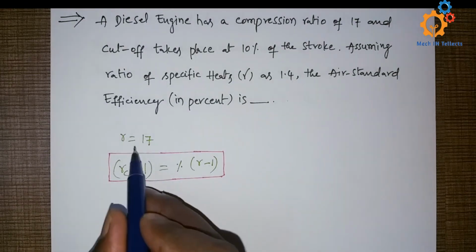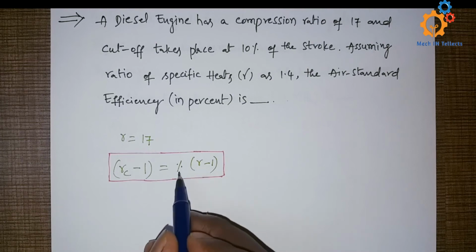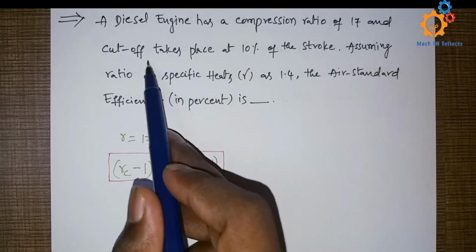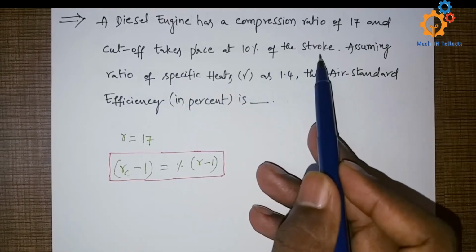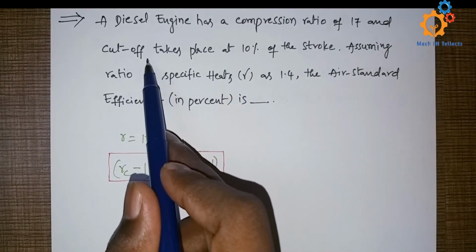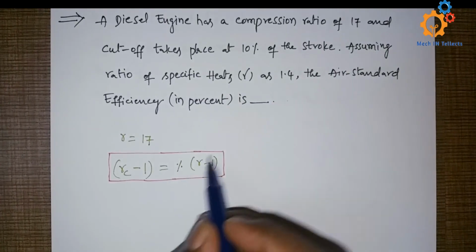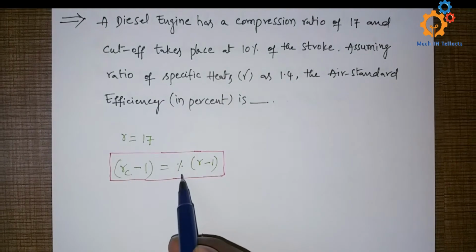Okay. Compression ratio is given as 17 and this percentage in the formula is where the cutoff is taking place in stroke volume. So in the question cutoff is taking place at 10% of the stroke, right? So I will use this percentage here.